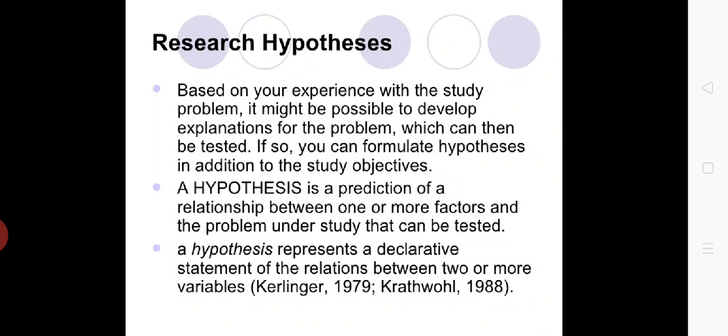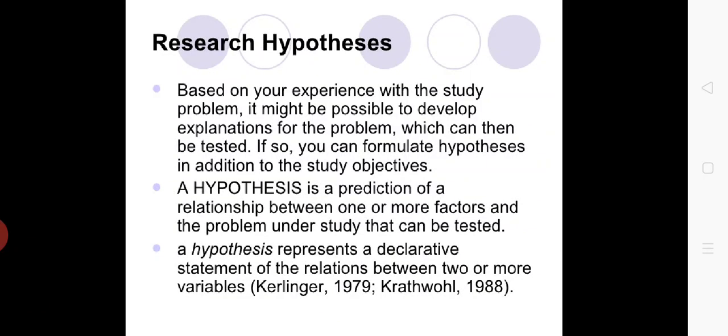It might be possible to develop explanations for the problem which can then be tested. If so, you can formulate hypothesis in addition to the study objectives. As a hypothesis is a prediction of a relationship between one or more factors and the problem under study that can be tested.